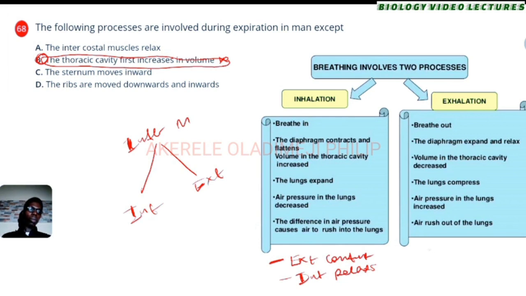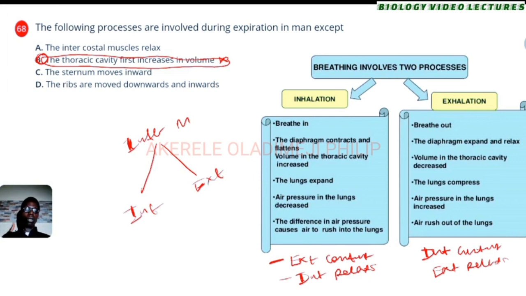While when you exhale, the internal intercostal muscle contracts, and the external one relaxes. Please take note of what I just did. However, most times for O level, it is correct to just say when you inhale, intercostal muscles contract, and when you exhale, intercostal muscles relax.